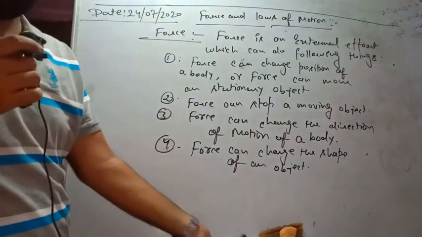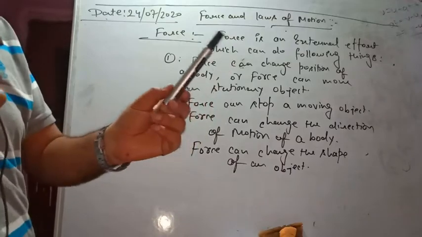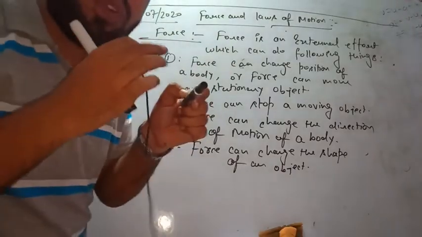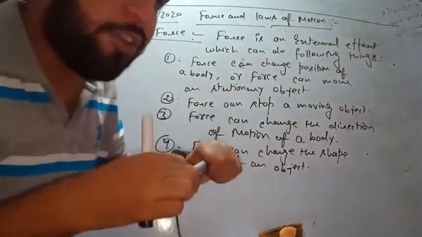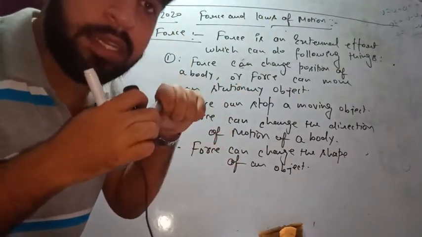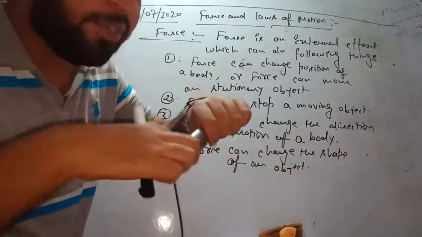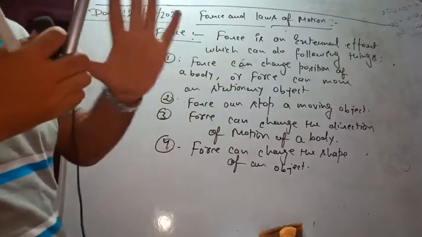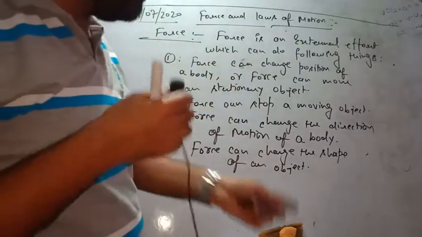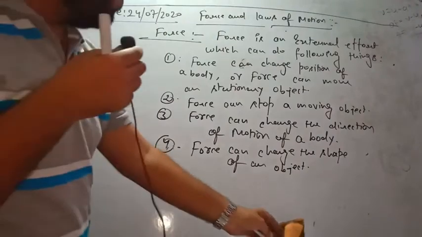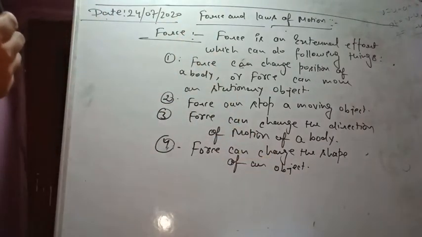This marker has a particular shape. Once I apply a very huge amount of force, what will happen? The shape of this marker can be changed or not? Obviously we can change the shape of this marker by applying a huge amount of force. So this is also the effect of force. We can change the shape of an object permanently. So these are the things which can be caused by force.